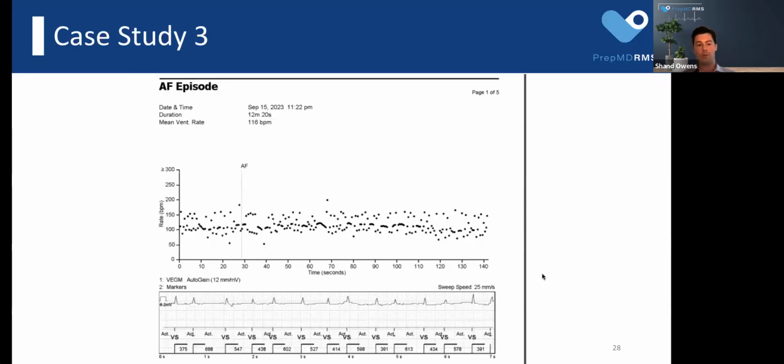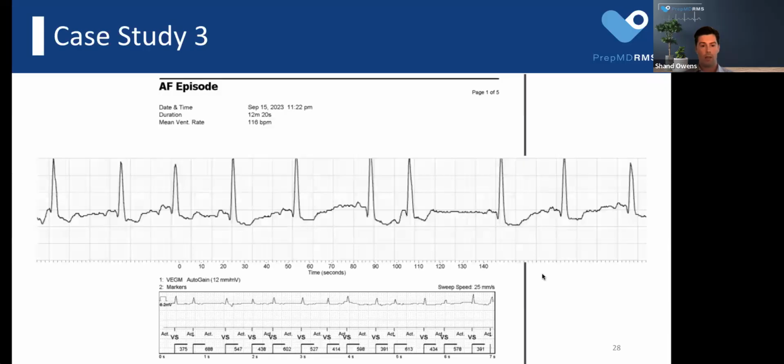If you switch over to the next slide, this is the same strip, but we've blown it up quite a bit using that gain tool. Again, that gain tool is absolutely imperative. So what we thought was originally atrial fibrillation actually turned out to be sinus rhythm, maybe a little bit of sinus tachycardia, but we can see clear discernible P waves here, which allows us to rule out atrial fibrillation.